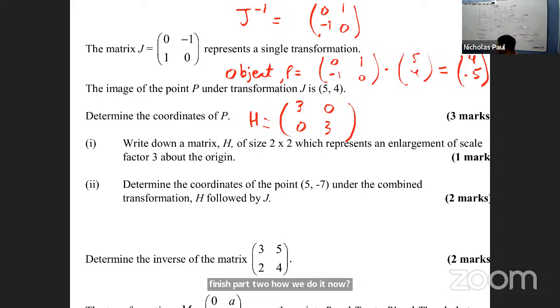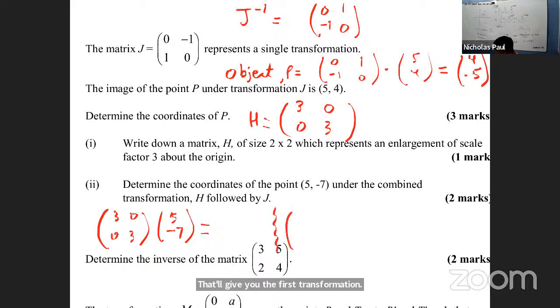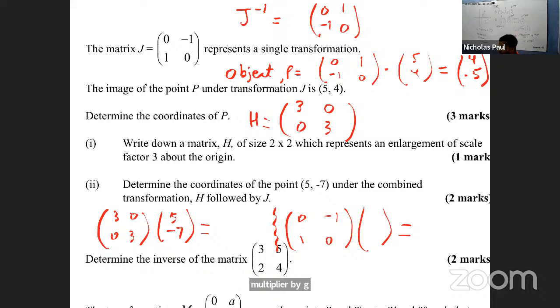You can multiply H by J, or you can take H and multiply it by (5, -7). That'll give you the first transformation. And then multiply it by G, and you get your answer. It's totally up to you.